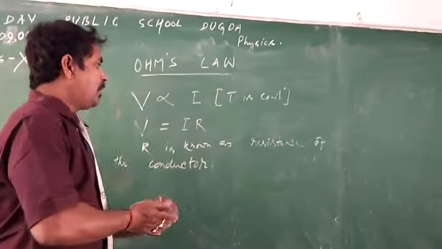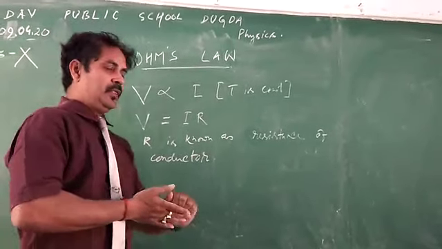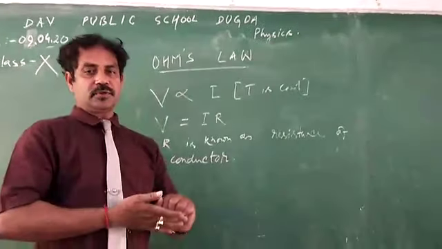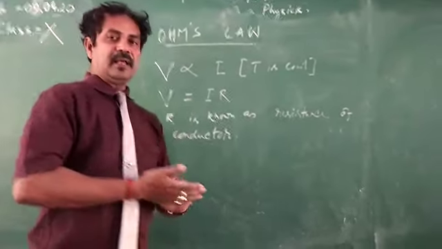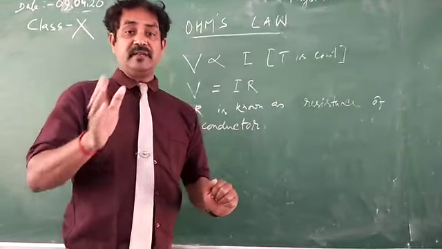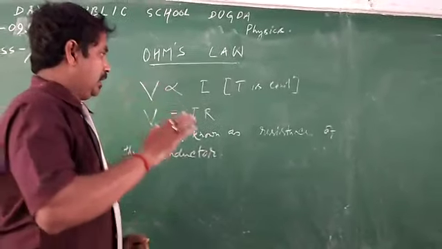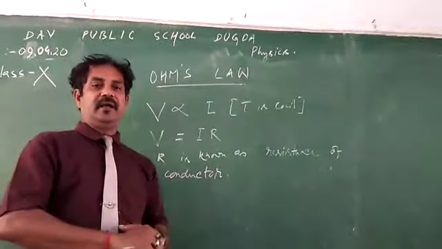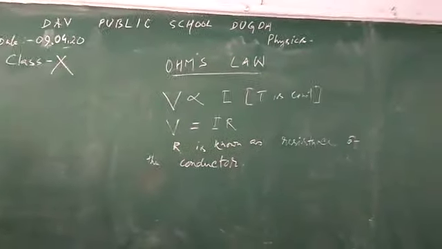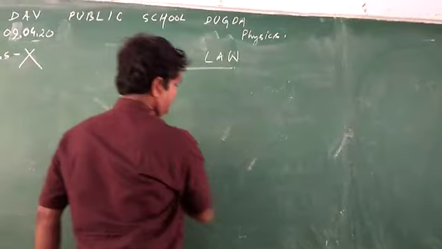So now we will discuss how the flow of current is disturbed or opposed by some mechanism which is existing inside a conductor. So let us think about resistance.